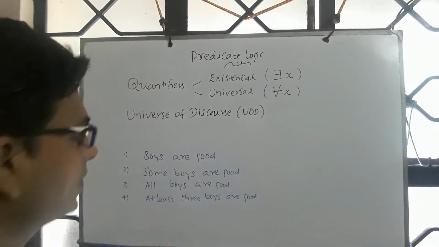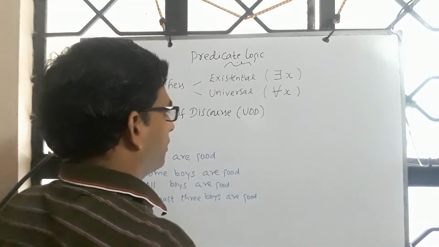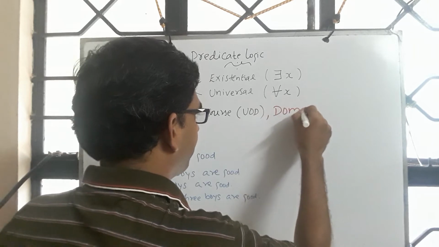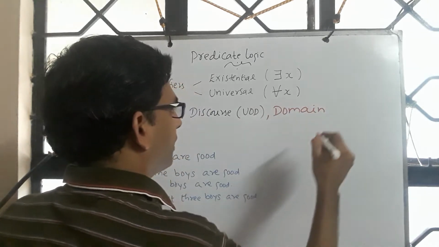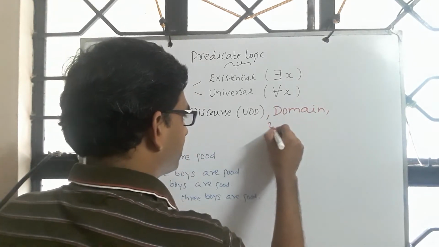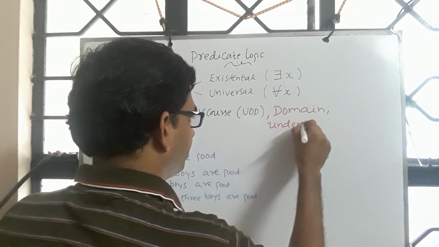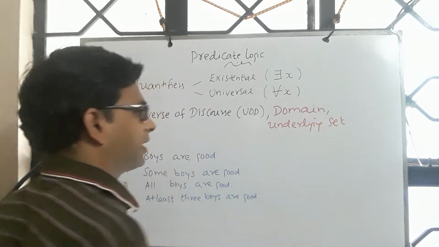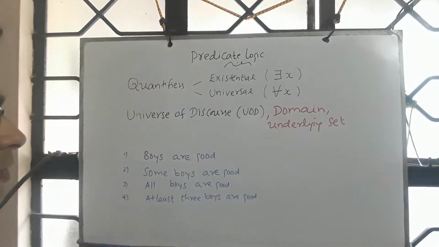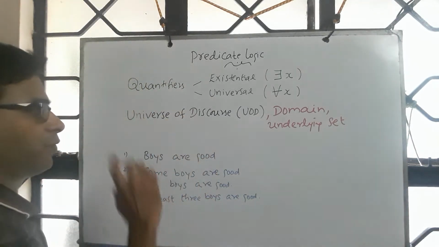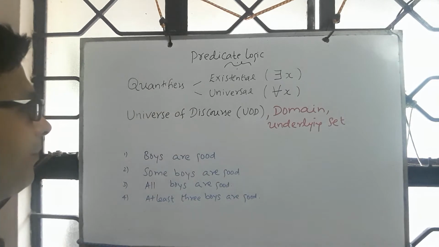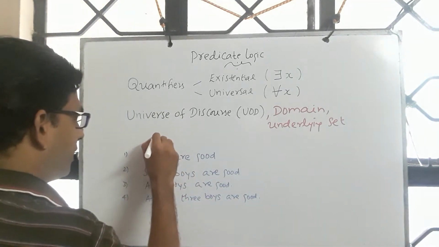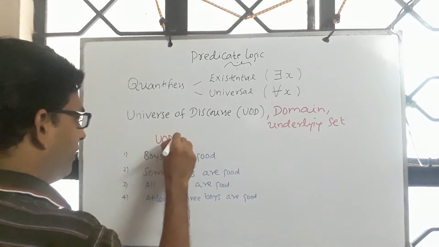This is also known as the domain or the underlying set. So the underlying set is what we use to talk about the quantifiers. Okay. So let's look at the UOD or domain.